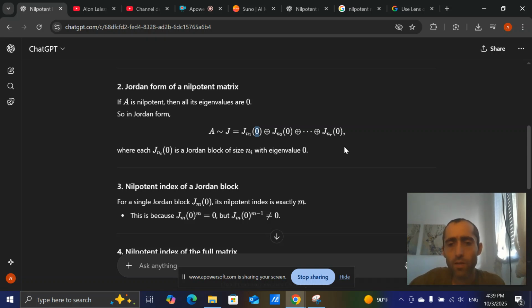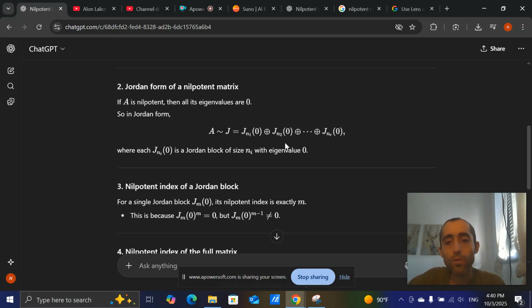I did a video on how the binomial theorem can be used to calculate powers of a Jordan block. But anyway, the nilpotent index of each of those Jordan blocks is just its order.